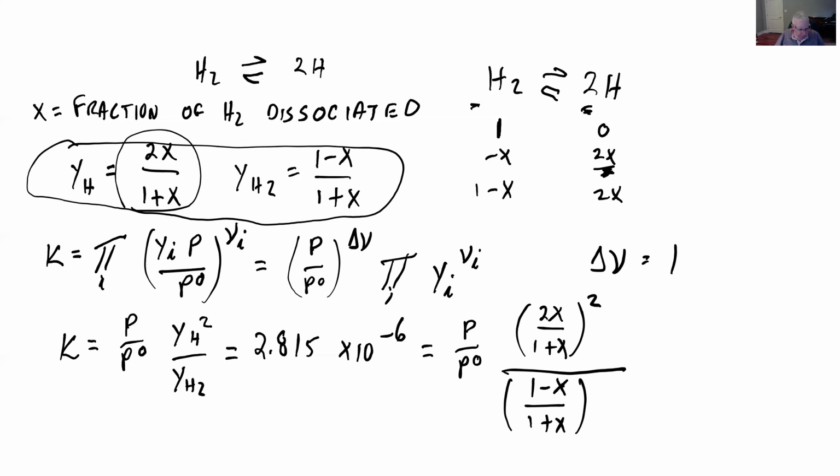That thing we could solve for x, and if we did that, we will get x equal to K, the equilibrium constant, over 4 P over P naught plus K, and all of that raised to the 1/2 power. What does that mean? That means that my P over P naught is equal to 2 for the 2 bar case that we started off with. So let's just finish this out. We're almost there.